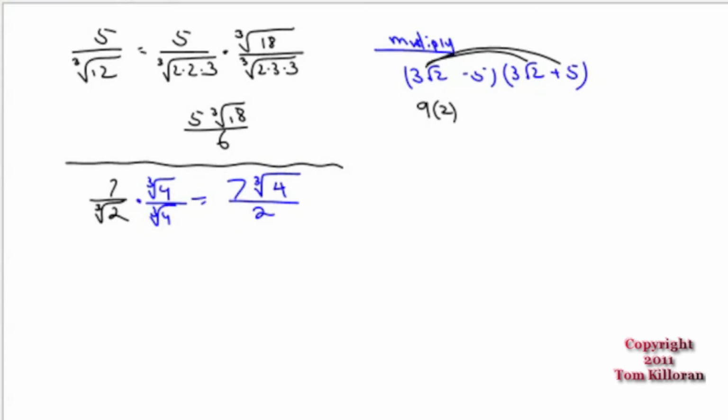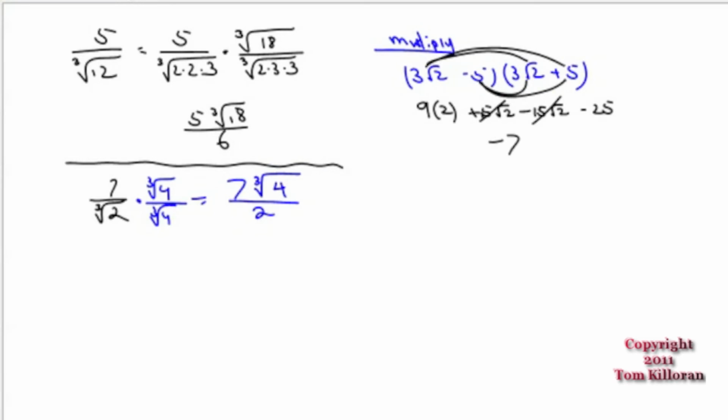And then here, plus 15 square root of 2, minus 15 square root of 2. And then lastly, minus 25. And what happens to the 2 middle terms? They cancel. So what's left is 18 minus 25, negative 7.